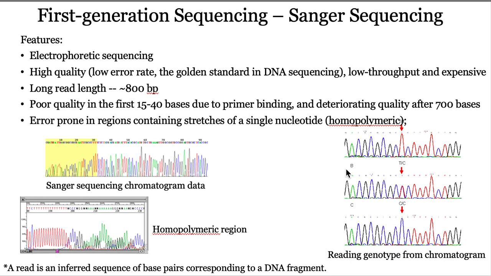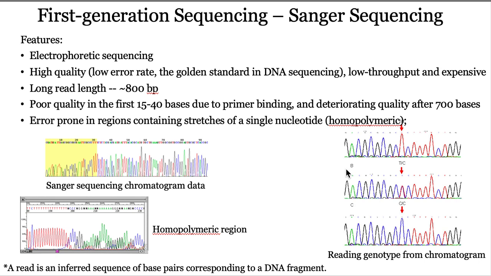Remember that when you try to sequence the DNA of an individual, you have 2 copies of their genome because humans are diploid. So you can actually read their genotype from this chromatogram.